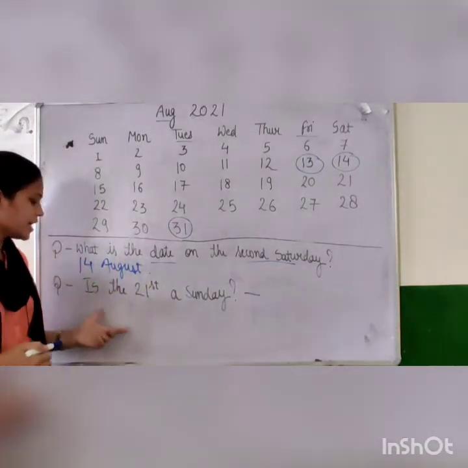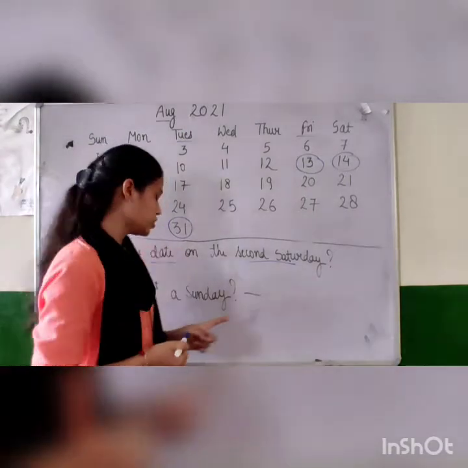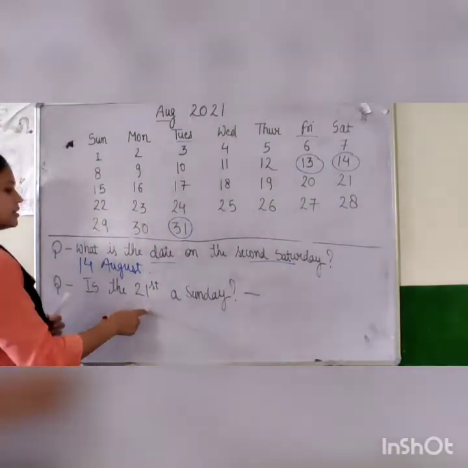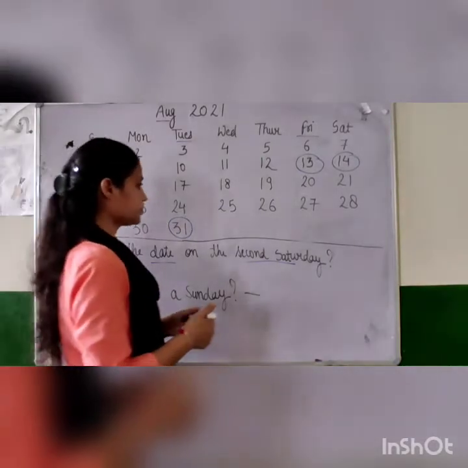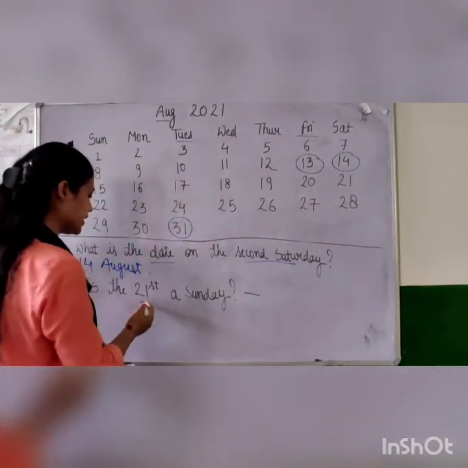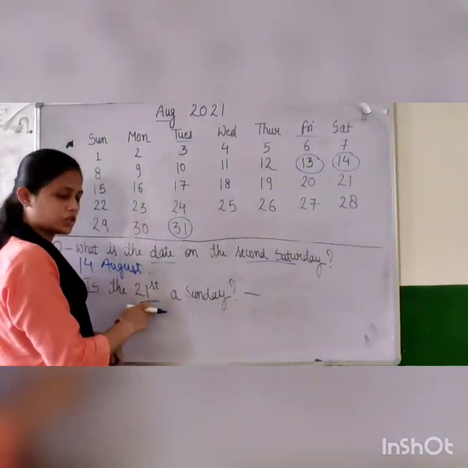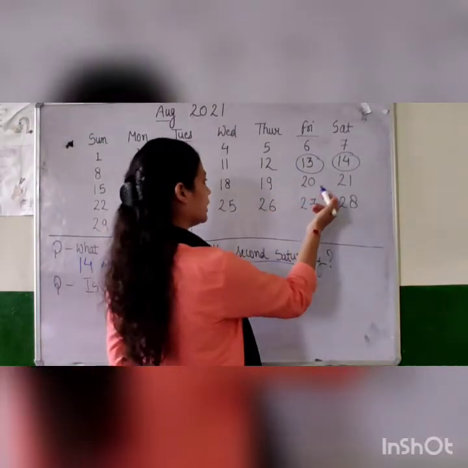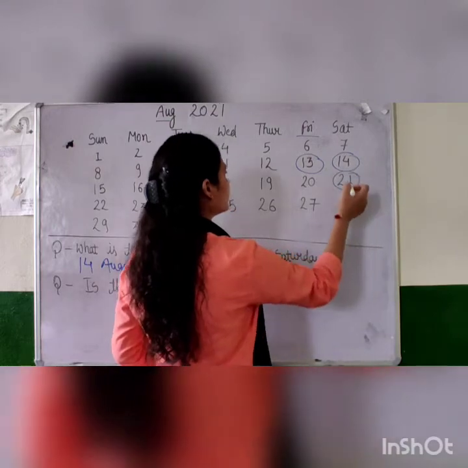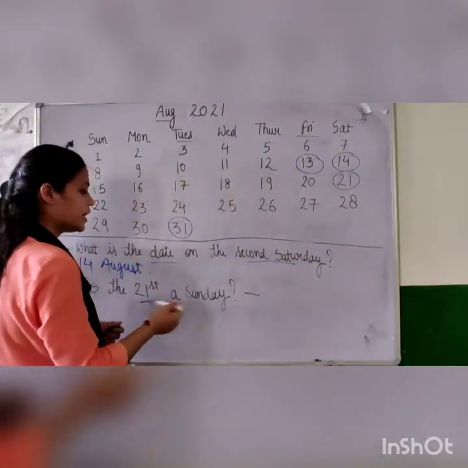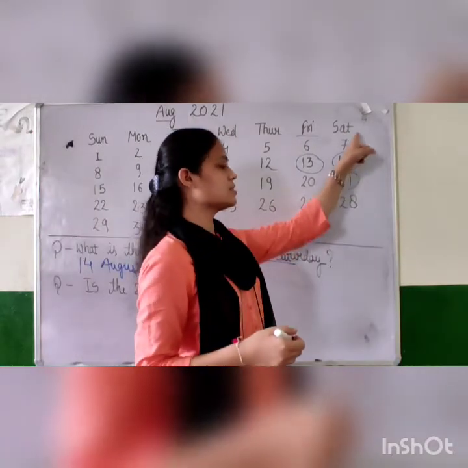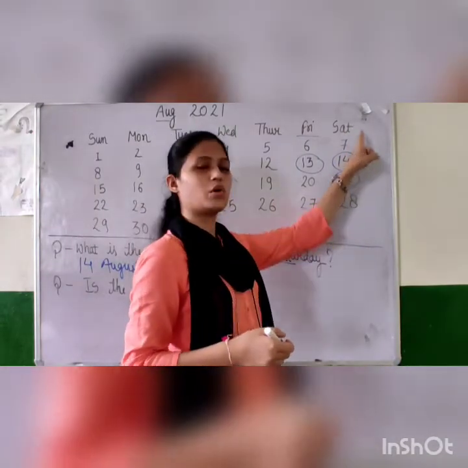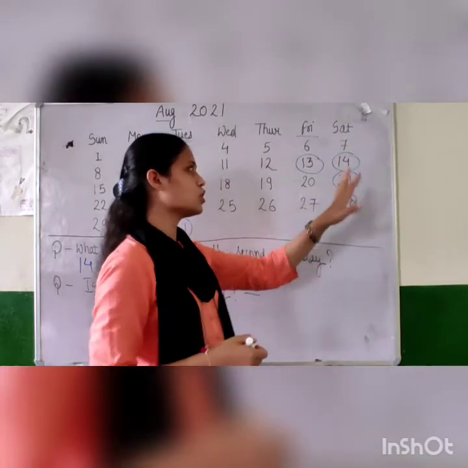Next question is, is the 21st a Sunday? We have to tell whether 21st was a Sunday or not. Let's find the date 21 first. This is 21. As we can see, it is Saturday. On 21st it was Saturday, so no, it was not Sunday.